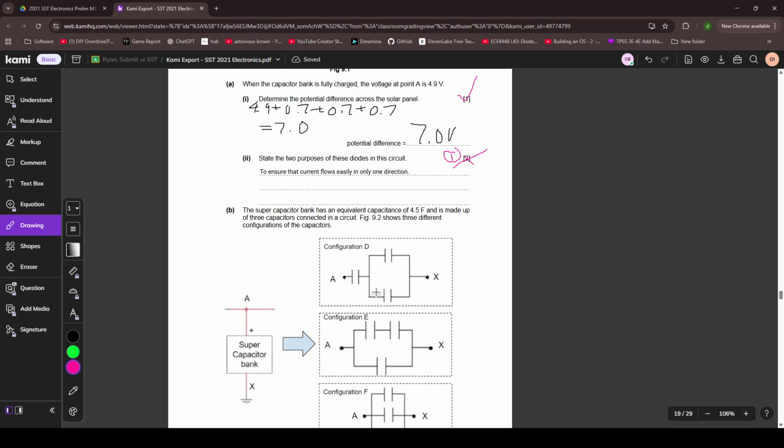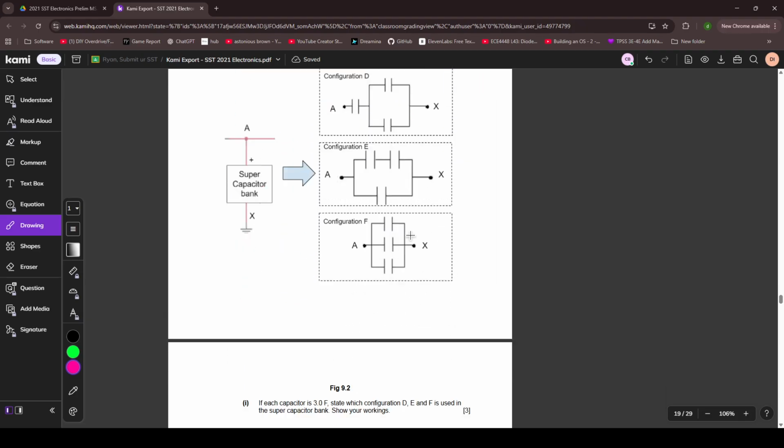The supercapacitor bank has an equivalent capacitance of 4.5 farads. It's made up of three capacitors connected in a circuit. Figure 9.2 shows three different configurations.